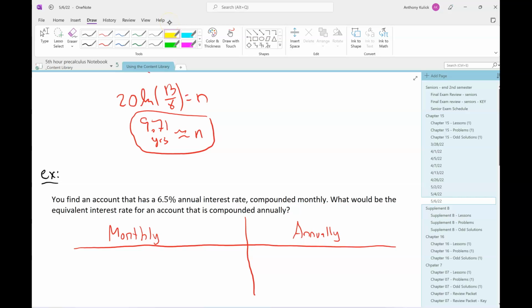Now we have 3 interest formulas. Which interest formula do I want to be using here? Yeah, just the regular compound interest one, since neither of them are being compounded continuously.